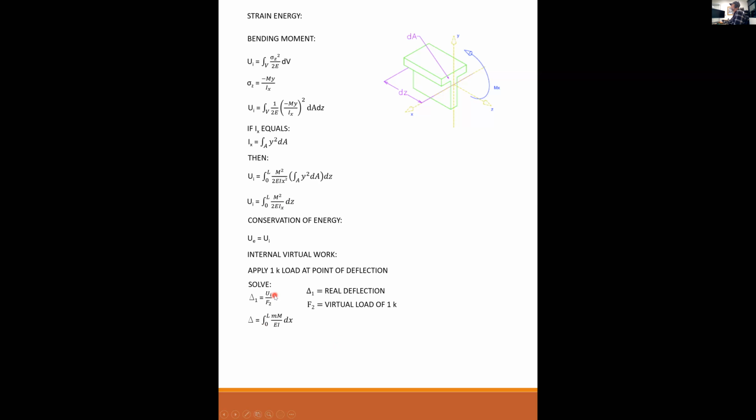My internal work equals this expression, so I substitute this expression in here. F2 disappears because that's a 1 kip pseudo load. And instead of M squared, what I've got is a little m and a big M.